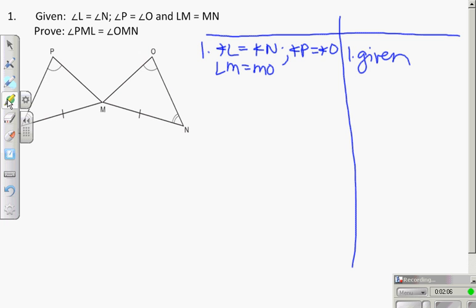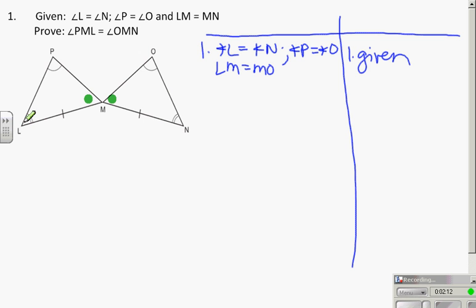I'll give myself a little marker. Whenever we're asked to prove angles or segments, we're almost always going to be looking at a CPCTC. So we want to get our triangles congruent, and then get our angles by CPCTC.